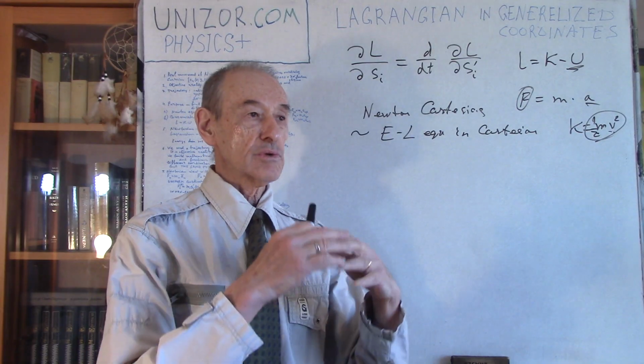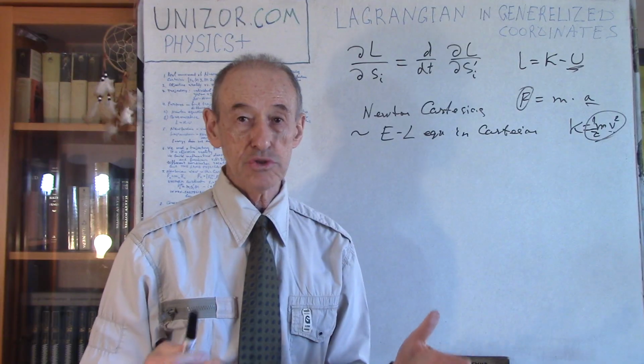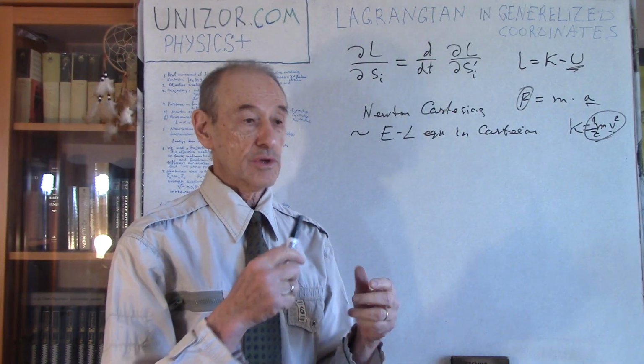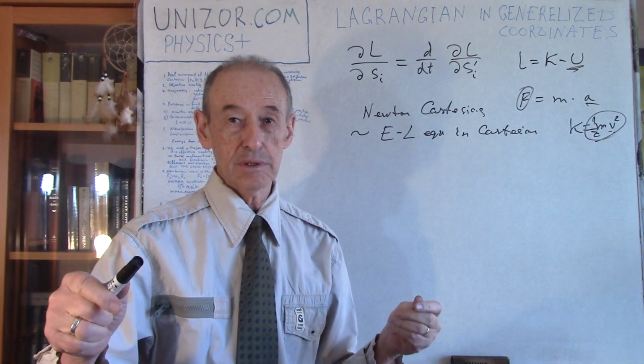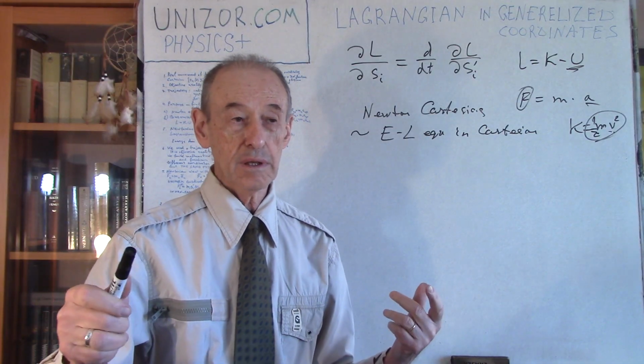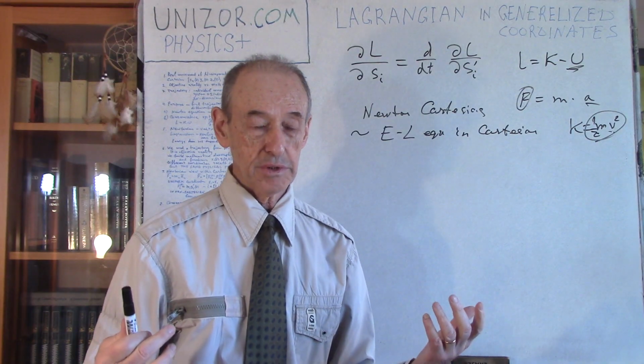It doesn't really matter what kind of coordinate system we introduced in our three-dimensional world. How the system actually progresses from a point to a point is not dependent on this coordinate system.